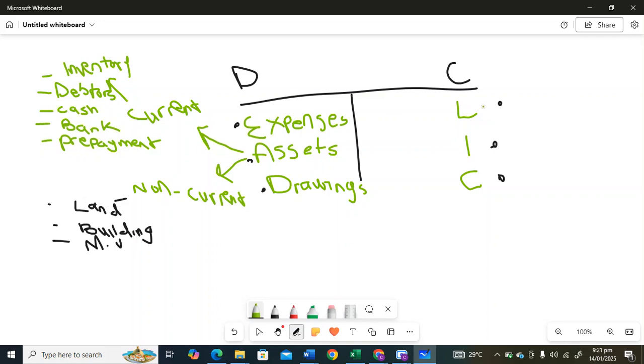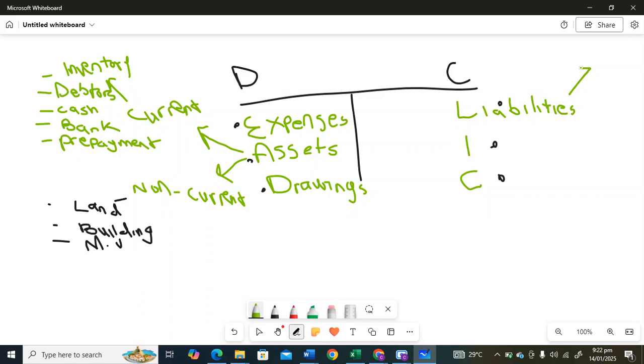L here represents liabilities. What we owe. Okay.